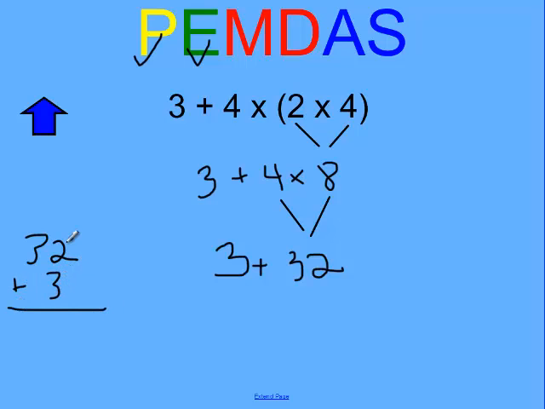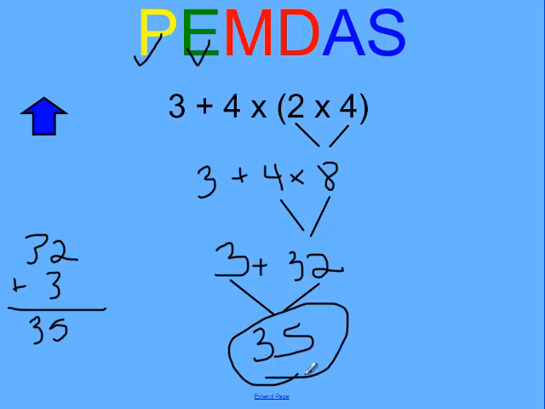They both work. 2 plus 3 is 5. 3 plus nothing is 3. So if we look at 3 plus 32, the answer to that is 35.